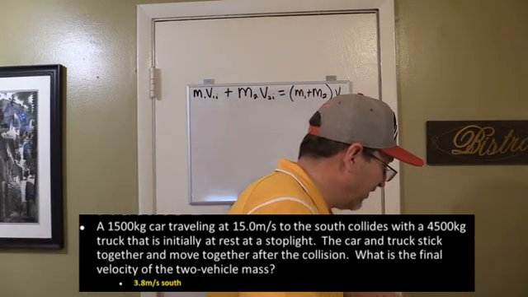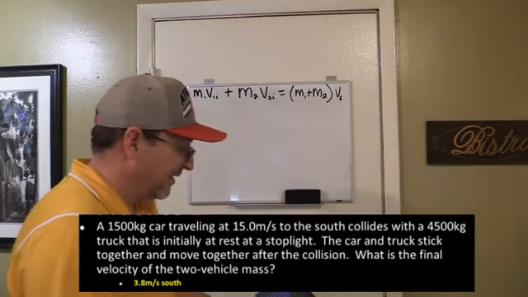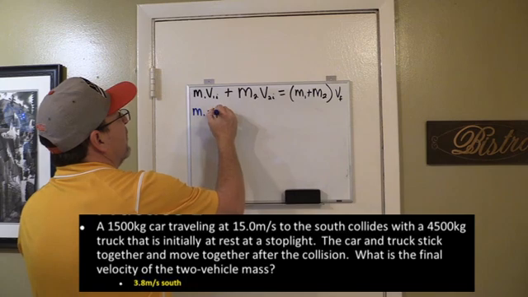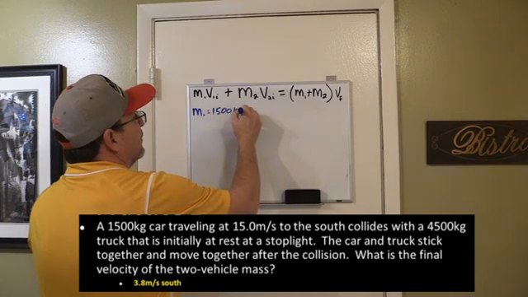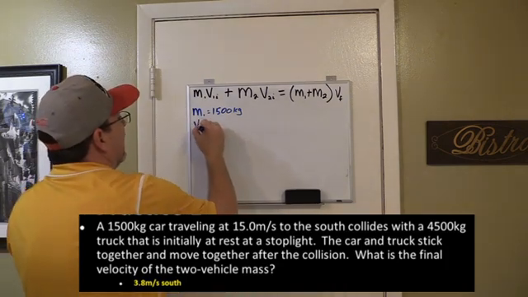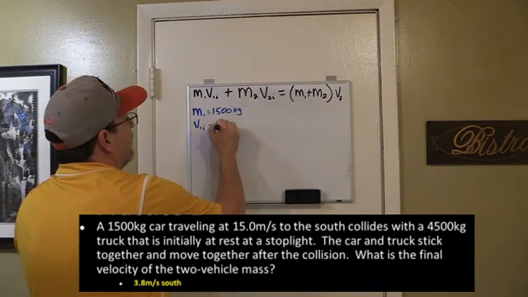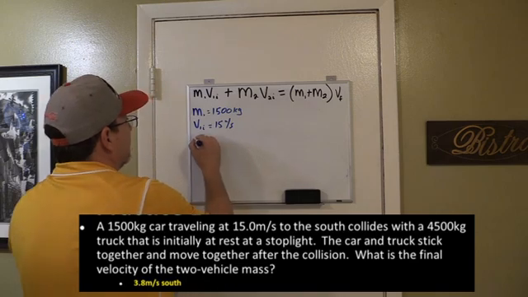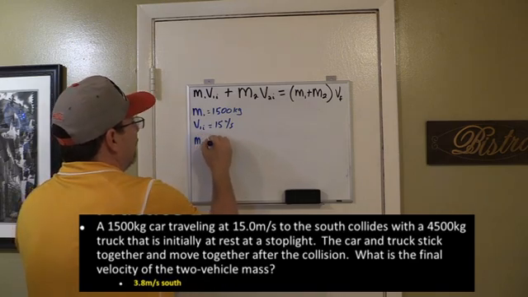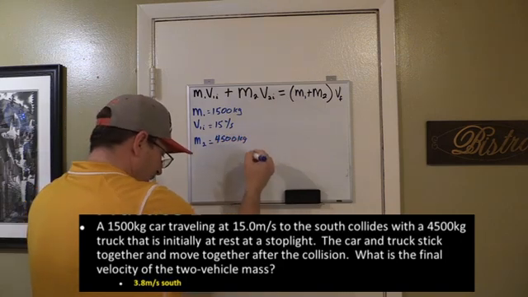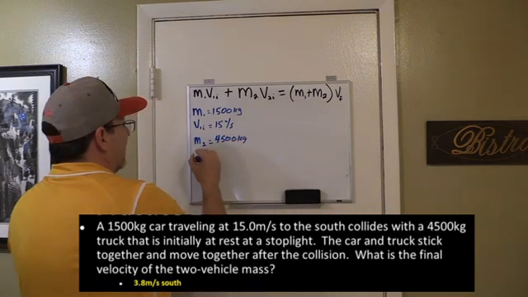Okay, so here we go. Let's take a look at this real quick. It says a 1,500 kilogram car, so mass 1 is 1,500 kilograms, is traveling at 15 meters per second, velocity 1 initial, 15 meters per second, to the south, collides with a 4,500 kilogram truck, so mass 2 is 4,500 kilograms, that is initially at rest.